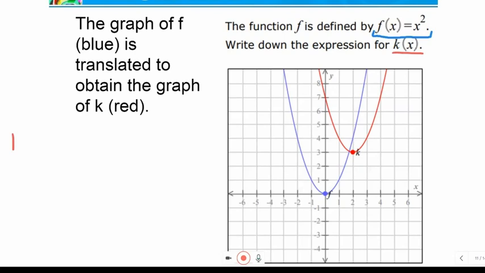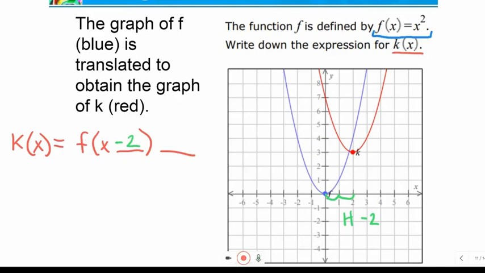So we have k of x, and I know it's some kind of movement that's related to f of x. So I'm going to write it like this, and then I'll just add the pieces afterwards. So from f, I'm going horizontally 2 units to the right, which means I'm going to have a -2 next to my x, x -2.